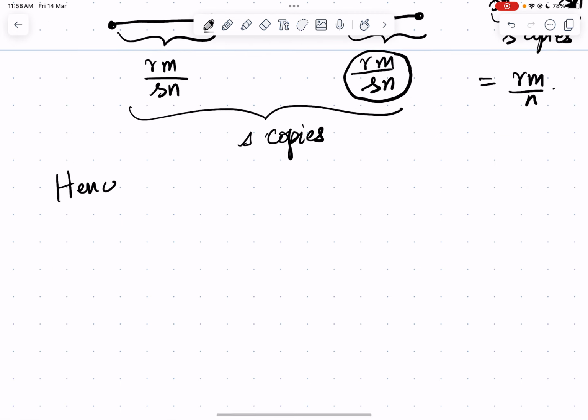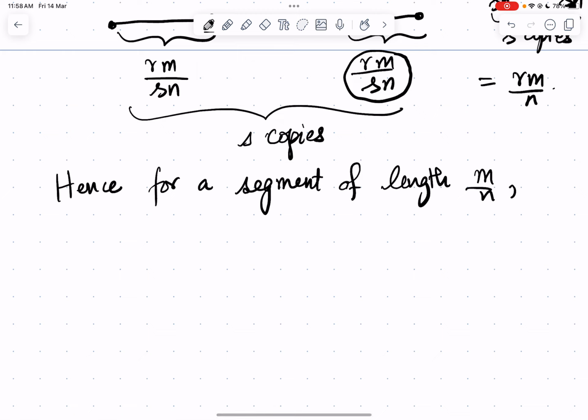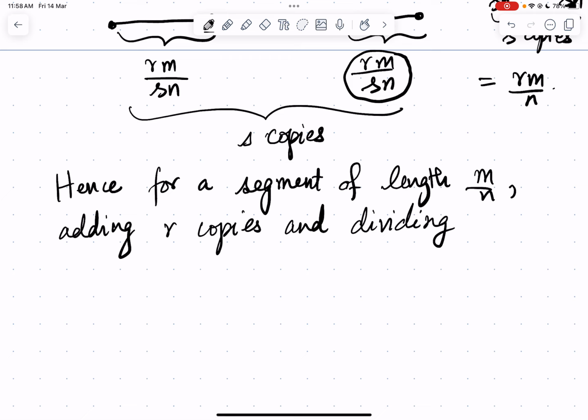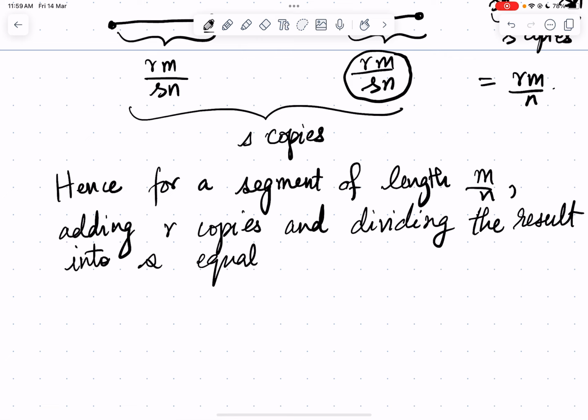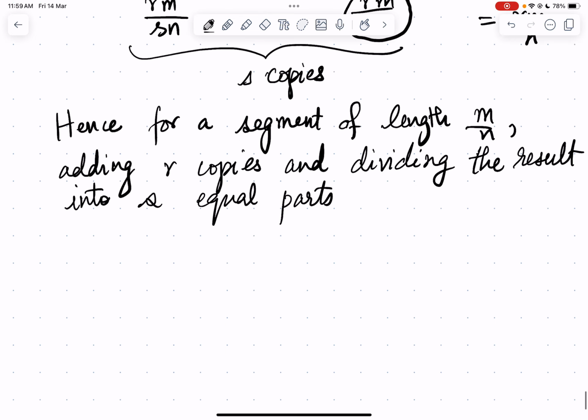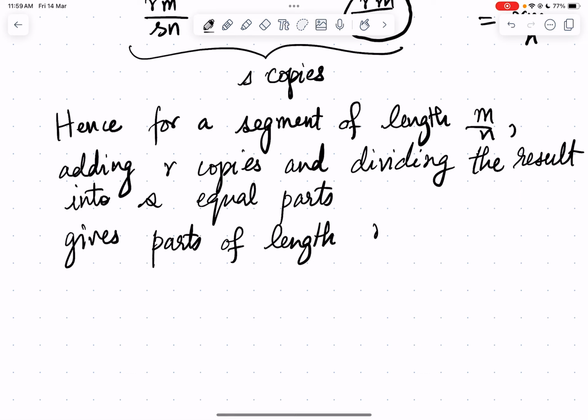Hence, for a segment of length m by n, adding r copies and dividing the result into s equal parts gives parts of length rm by sn.